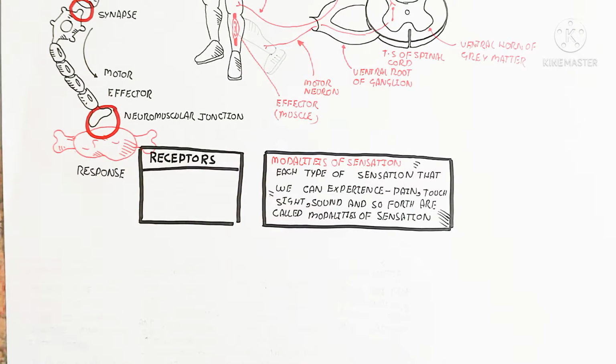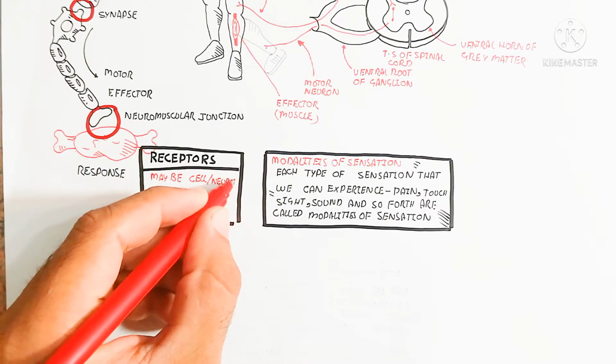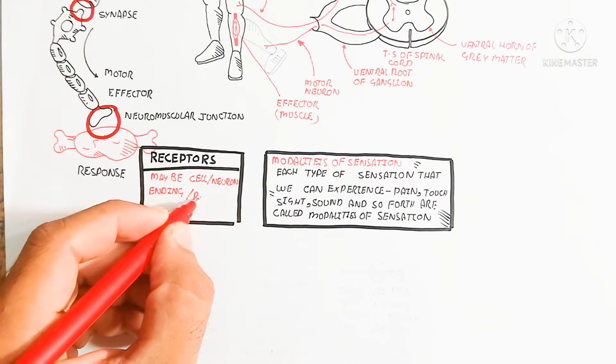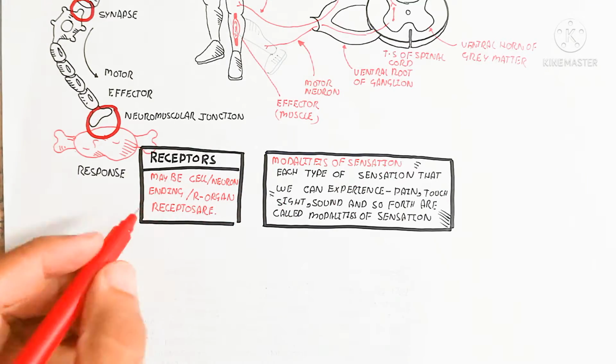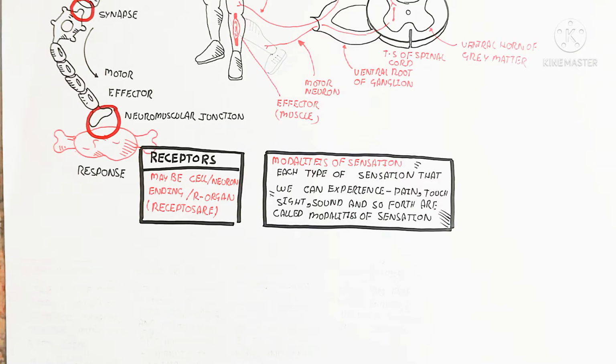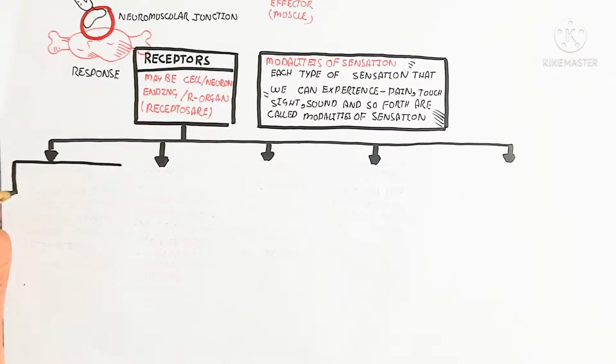Let's begin to understand the chemoreceptor first. The chemoreceptor is used for the detection of chemicals. For example, glucose is a chemical which can be sensed by the taste buds present in the tongue.